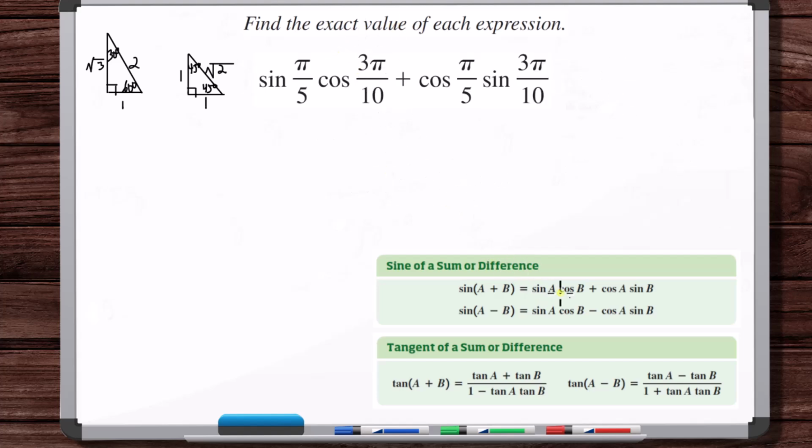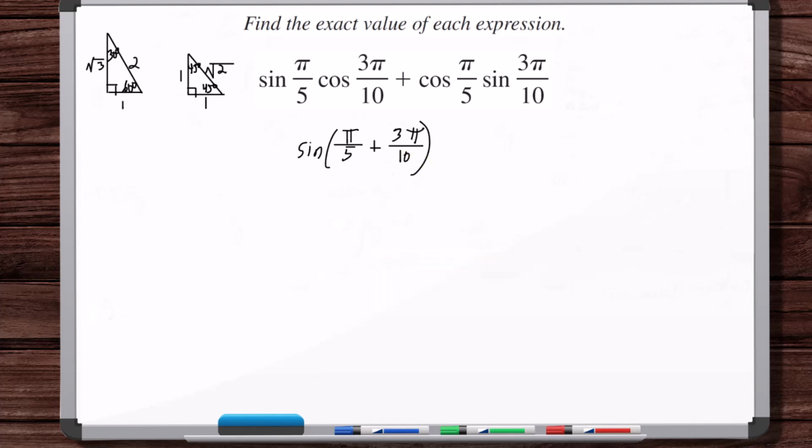Okay, here we can match up with the sum formula for sine, with A being pi over 5 and B being 3 pi over 10. So this is sine of pi over 5 plus 3 pi over 10, which is, so 2 pi over 10, that's pi over 5, plus 3 pi over 10 is 5 pi over 10, which is pi over 2.